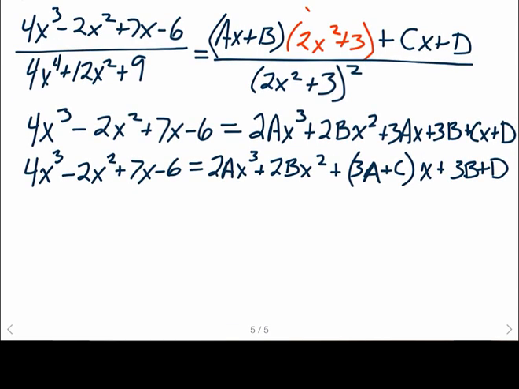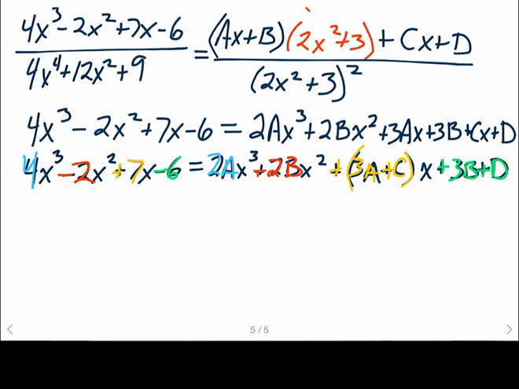What we end up with is 4x cubed minus 2x squared plus 7x minus 6 is equal to 2ax cubed plus 2bx squared plus 3a plus c times x plus 3b plus d.